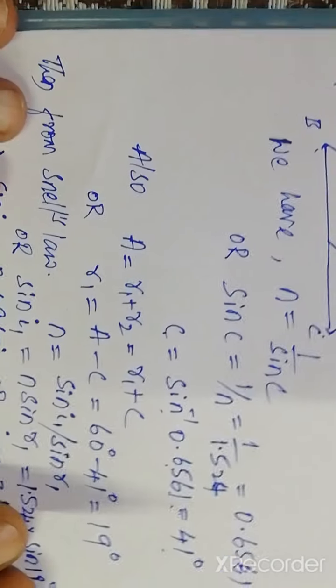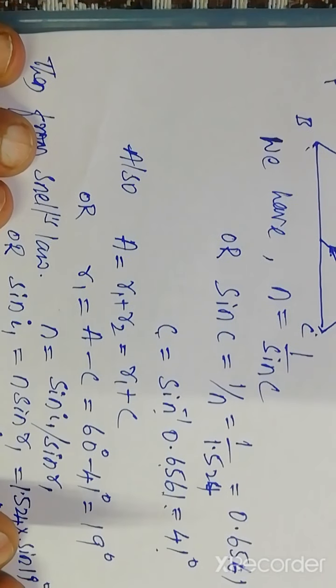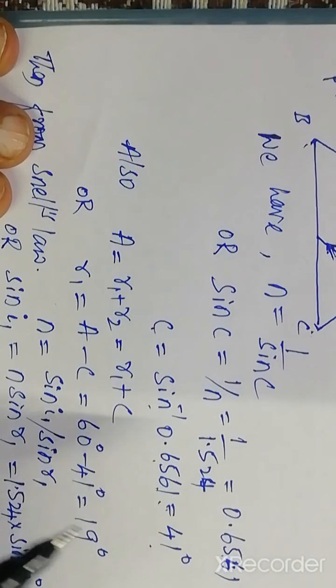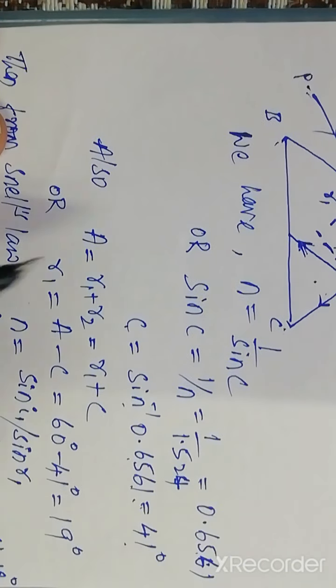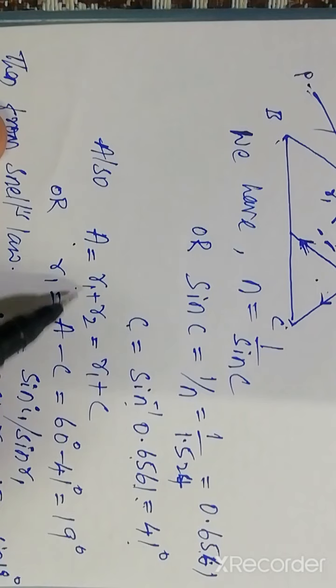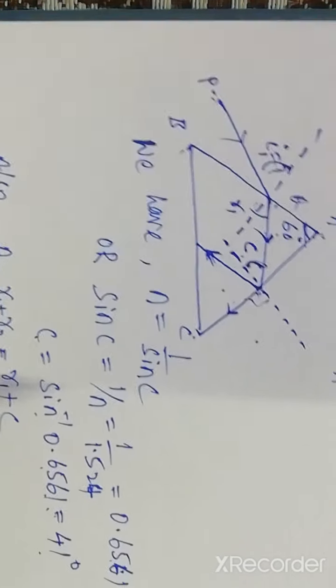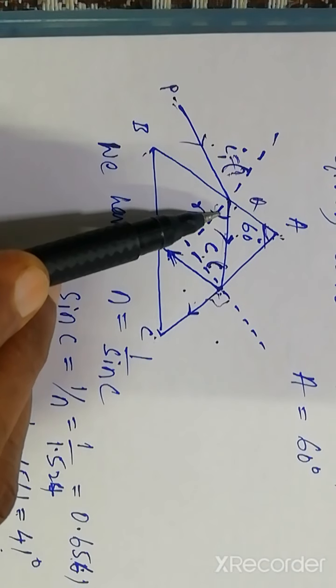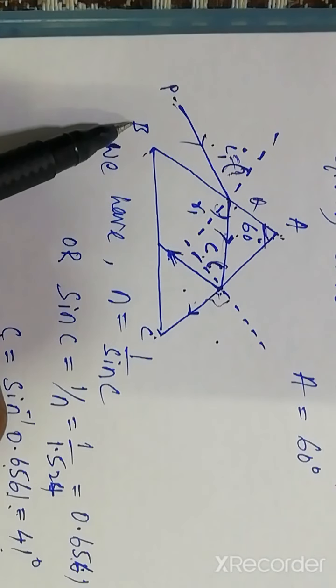While deriving the relation for the refractive index of the prism in terms of the angle of minimum deviation, we came across this particular relation: the refracting angle of the prism is the sum total of R1 and R2. Here I1 is the angle of incidence, and R1 is the angle of refraction at surface AB.